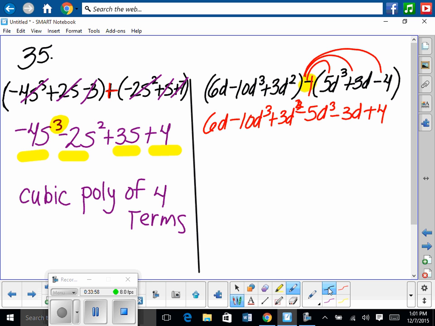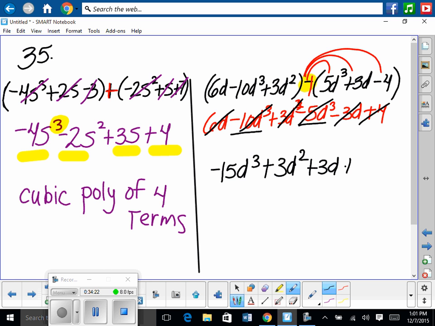Starting with the highest, I have negative 10d cubes minus 5d cubes, which is negative 15d cubes. So I'm going to cross them out as I go. And then I have positive 3d squareds and no other d squareds. So plus 3d squareds. And then I have positive 6d's minus 3d's, which is positive 3d's. And then I have my plus 4.